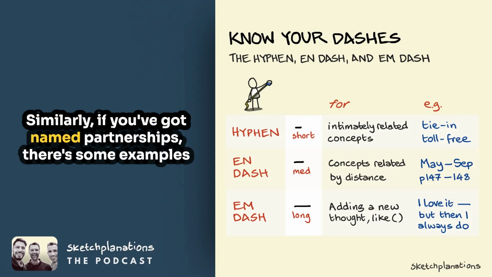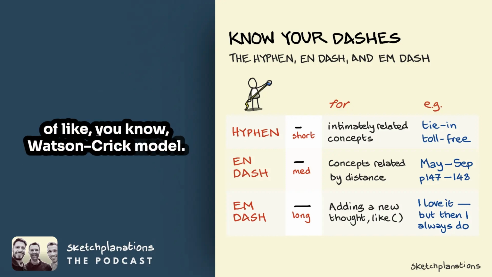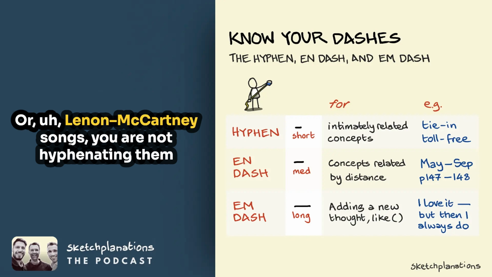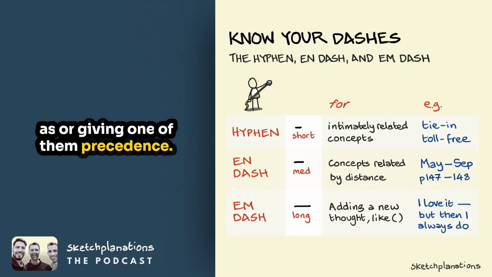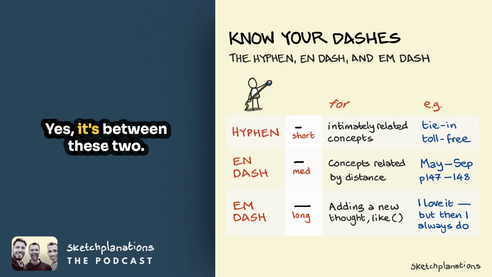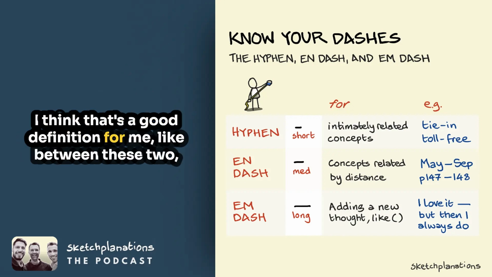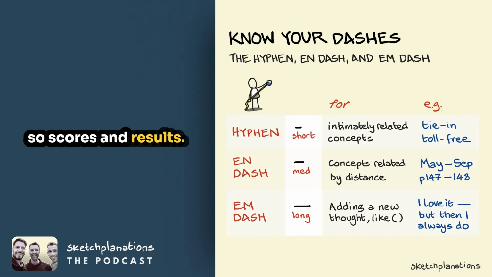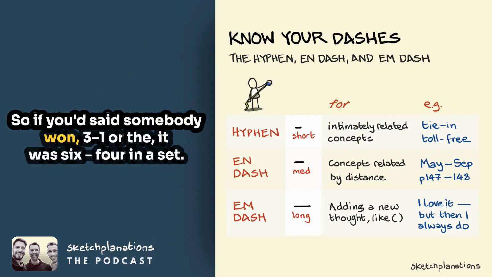Similarly, if you've got named partnerships, there are some examples like the Watson-Crick model or Lennon-McCartney songs. You're not hyphenating them or giving one of them precedence. You're just saying it belongs between these two. So scores and results: if you said somebody won 3-1 or it was 6-4 in a set.